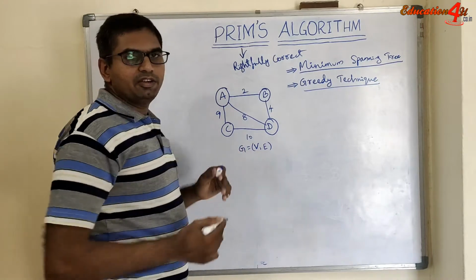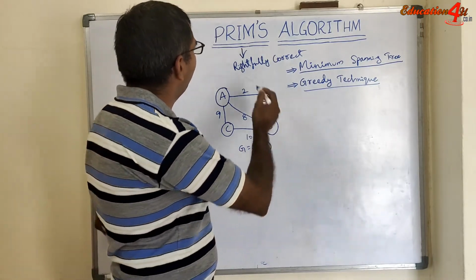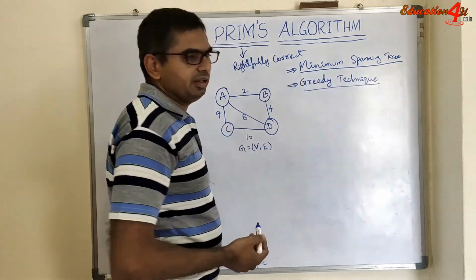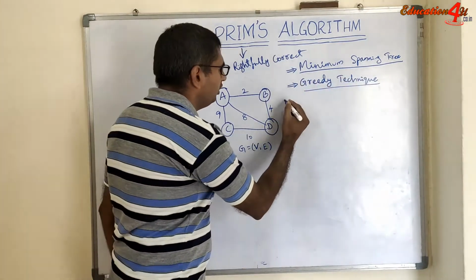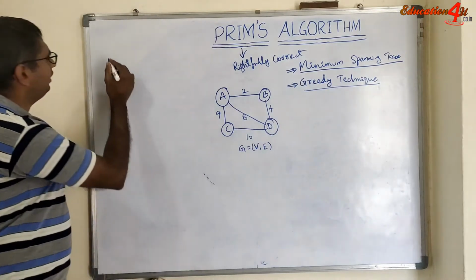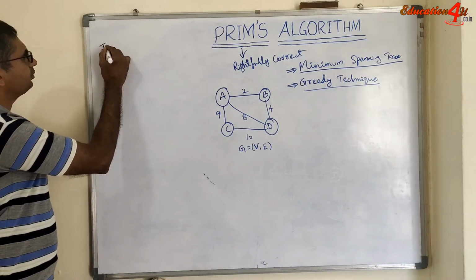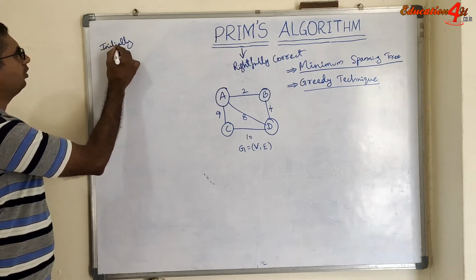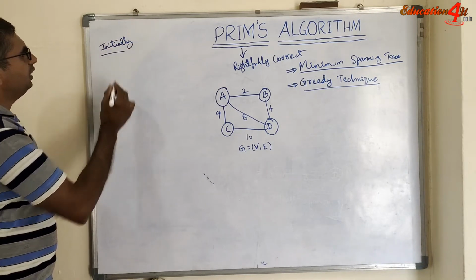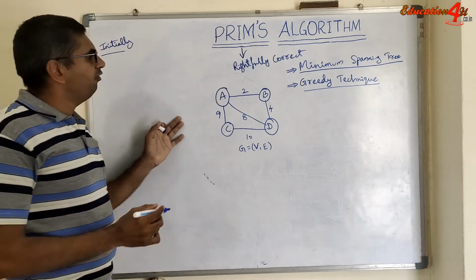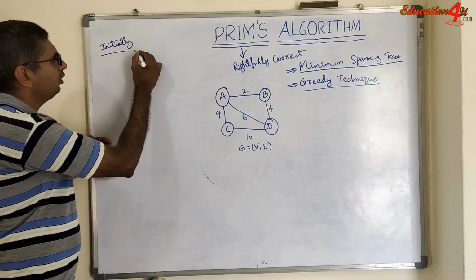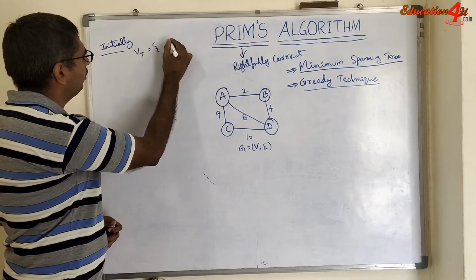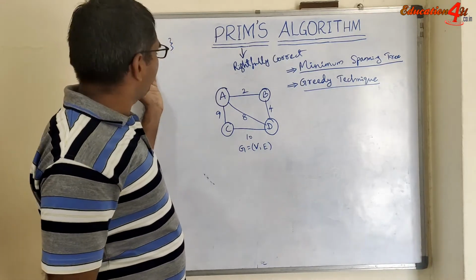So this is our given graph. Now we will find out Prim's minimum spanning tree. Initially we will have V of t.